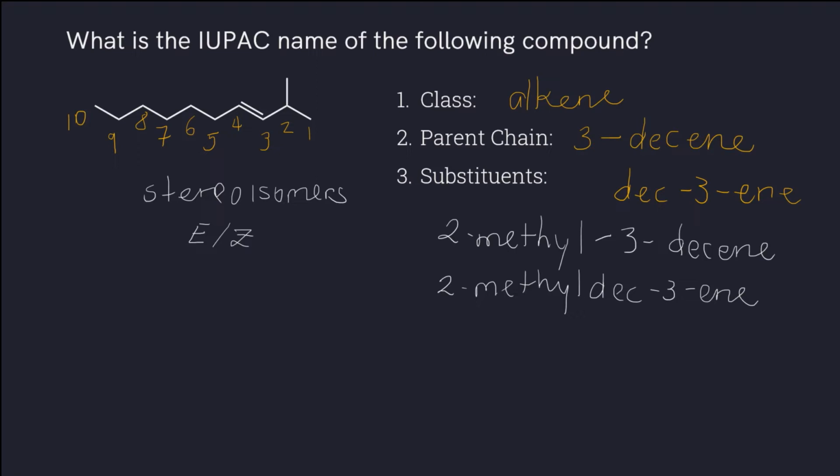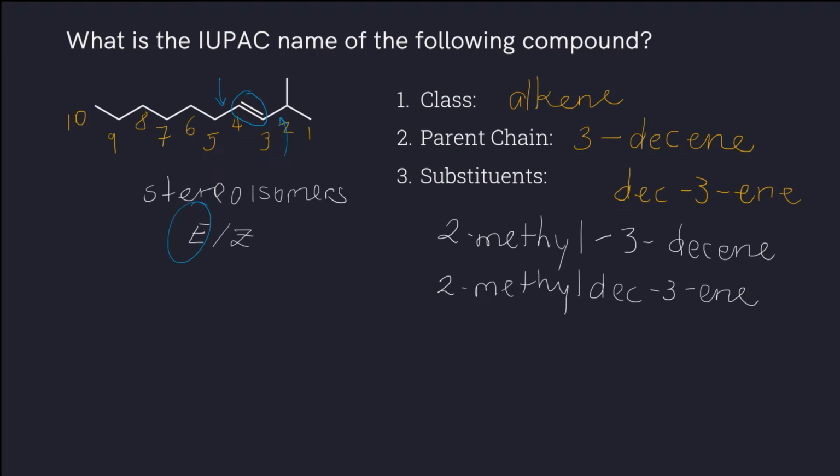This double bond only has 2 groups across the double bond. So it has this group and this group that are on opposite sides of the double bond. Because these groups are on opposite sides, so they're not arranged on the same side, this alkene has an E configuration.